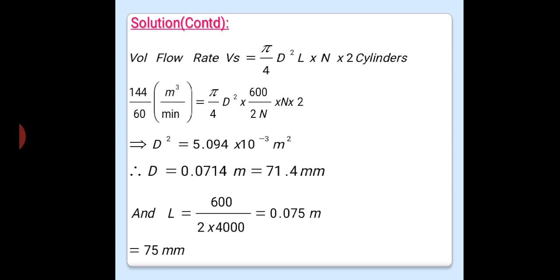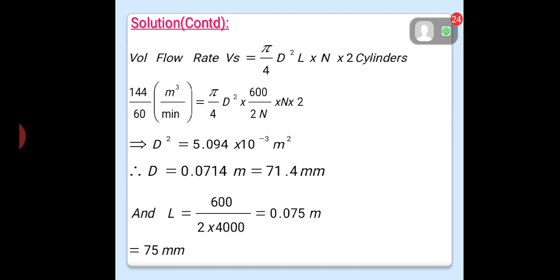So we got the value of diameter d is equal to 0.0714 in meters. So after converting this value in mm, we got diameter is equal to 71.4 mm.